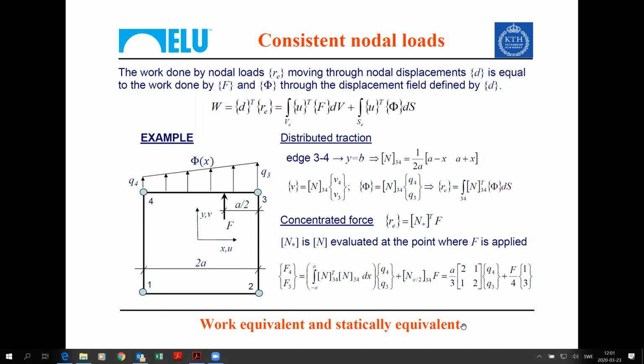This one gives us this, and this one gives us this. You can also check for your own curiosity that this is what comes out of the integration here and the value of the shape functions at this particular point. Again, these forces, consistent nodal loadings, are work equivalent, so energetically equivalent and statically equivalent to the actual applied loading.